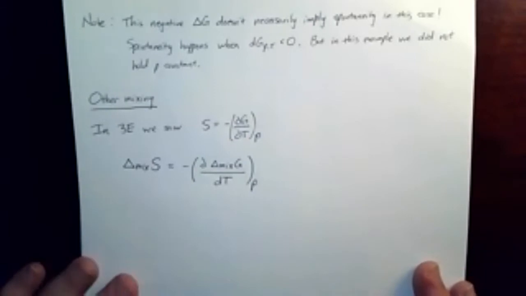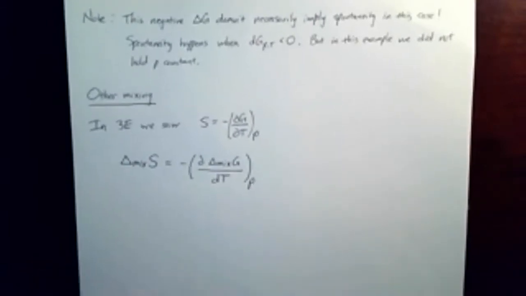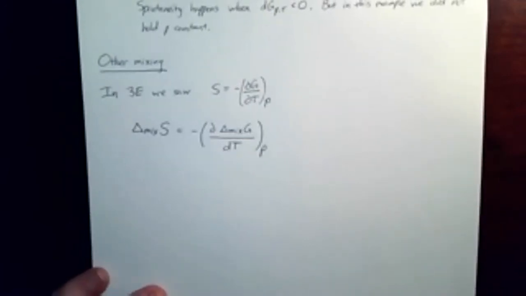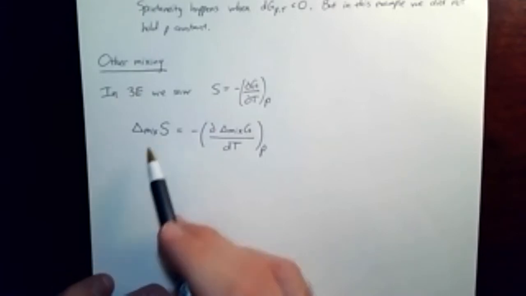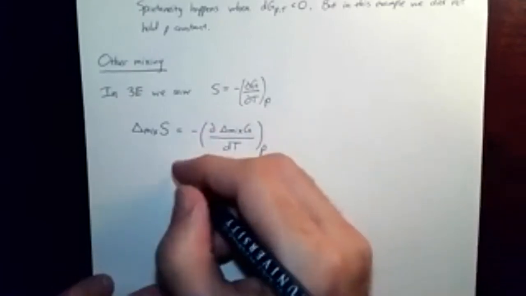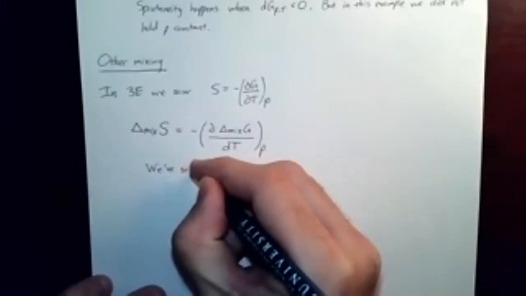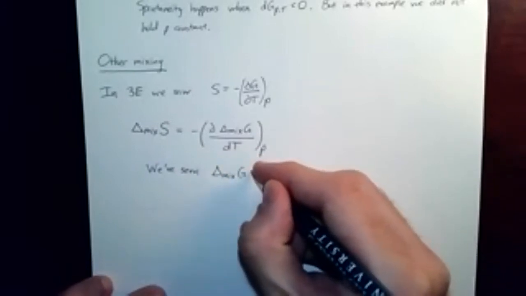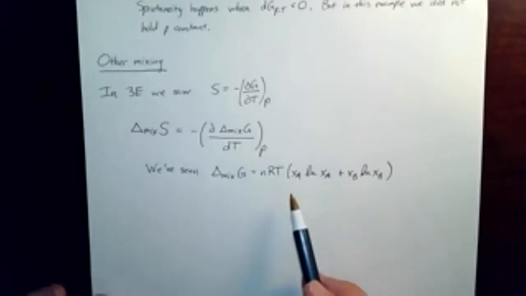So the reason I want to write it like this is because we have a formula for delta mix G. And we can use that to find what the change in entropy is when we mix two things. So we've seen recently that delta mix G is equal to this.